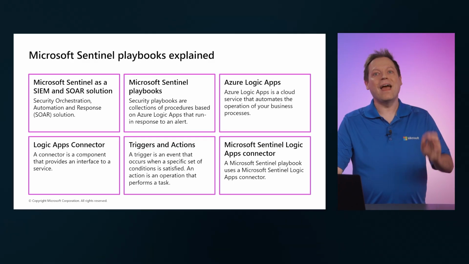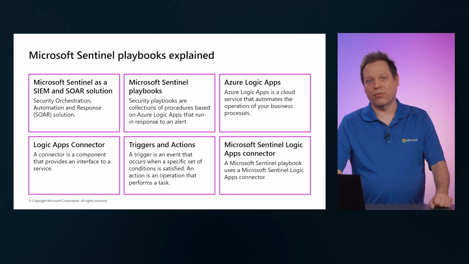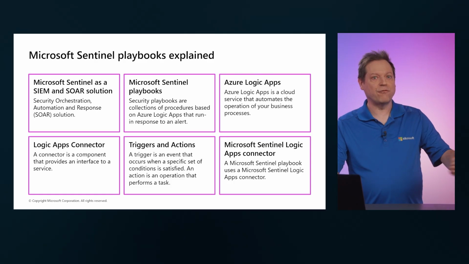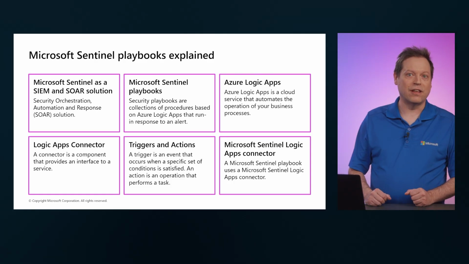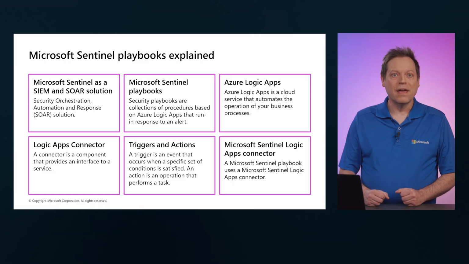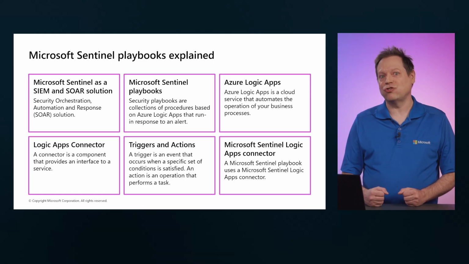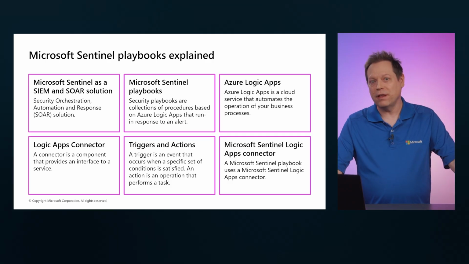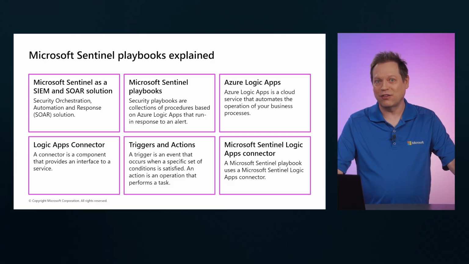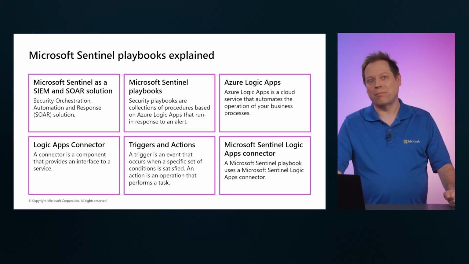Within a playbook, everything begins with a trigger, an event that fires when a specific set of conditions is met. And then one or more actions run to perform a task. A Microsoft Sentinel playbook uses the Microsoft Sentinel Logic Apps connector to interact directly with Sentinel data and operations.